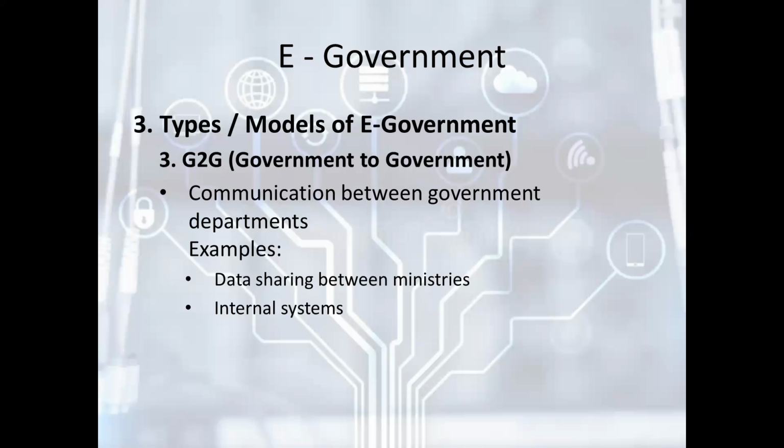The other thing is internal systems in ministries, departments, and many government organizations. There are some small systems developed, such as employee management systems, human resource management systems, and store management systems. They are for internal management purposes.